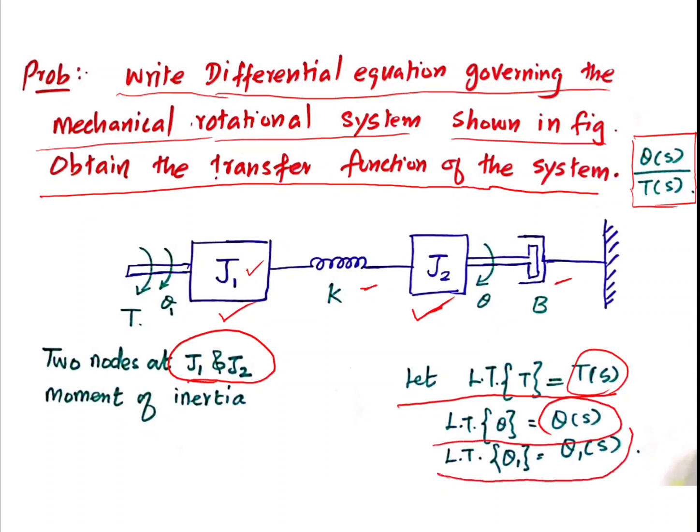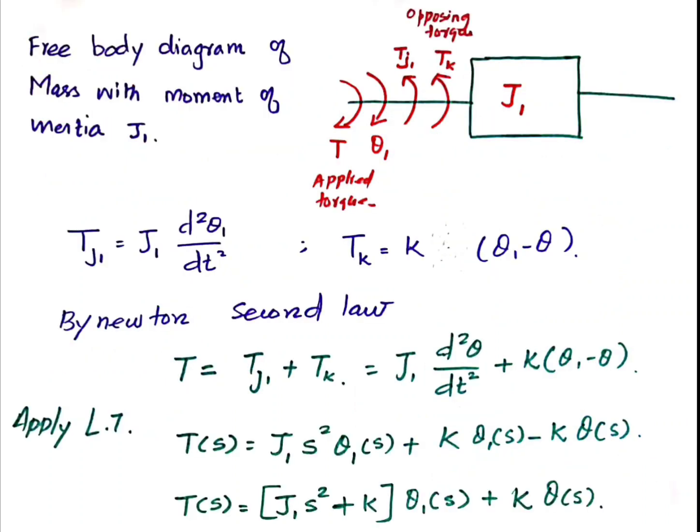The Laplace transform of theta 1 is recorded as theta 1 of s. Theta 1 is the angular displacement at the mass element with moment of inertia J1, and theta is the angular displacement related to moment of inertia J2. First we will discuss the first mass element, J1.